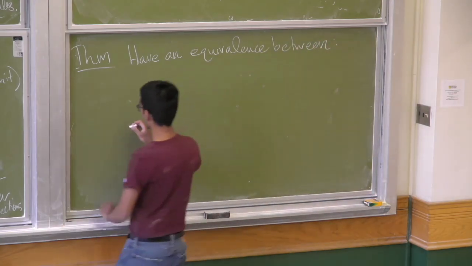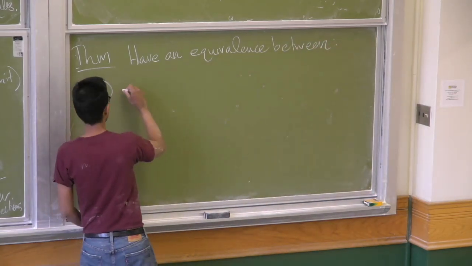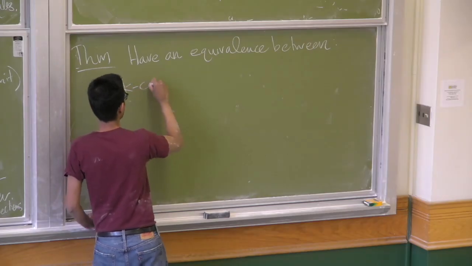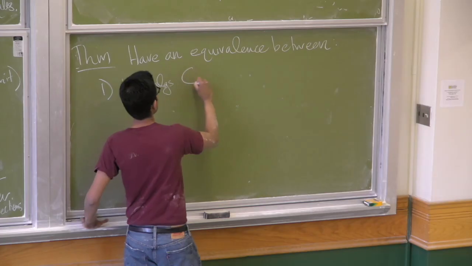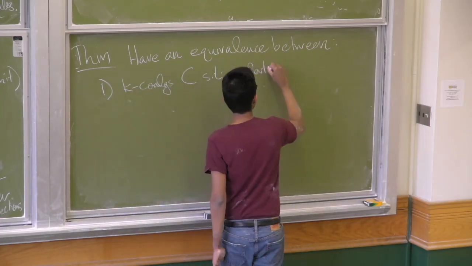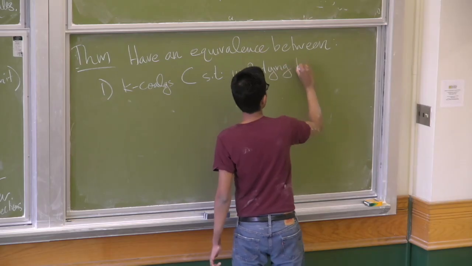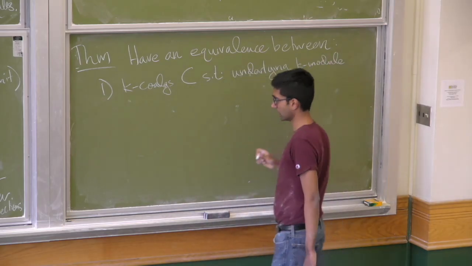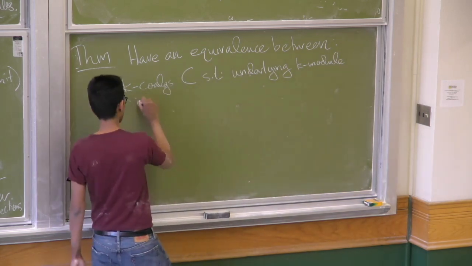Okay, so first of all, you have K-coalgebras C such that the underlying K-module is countably generated and projective.